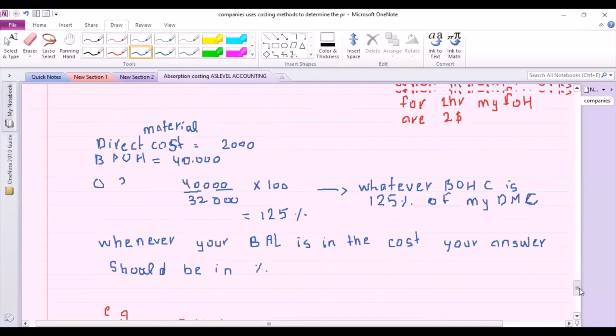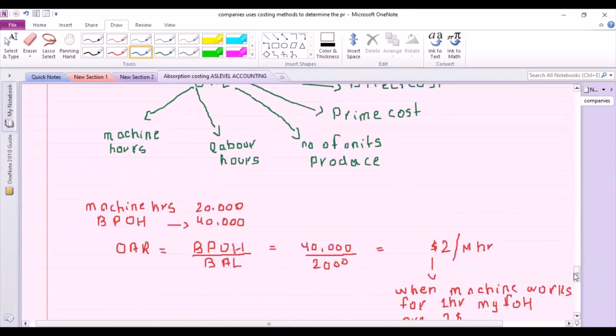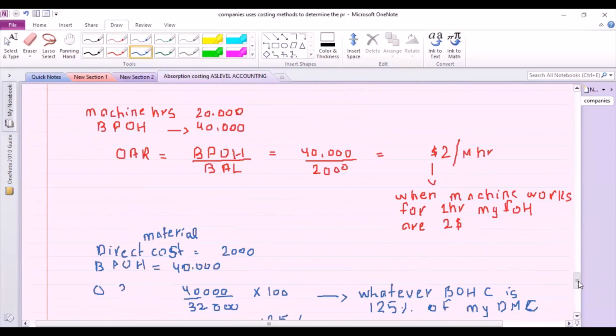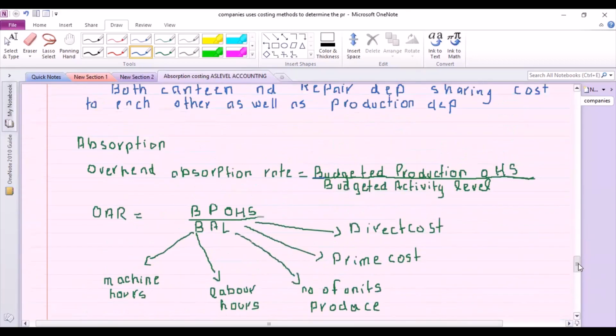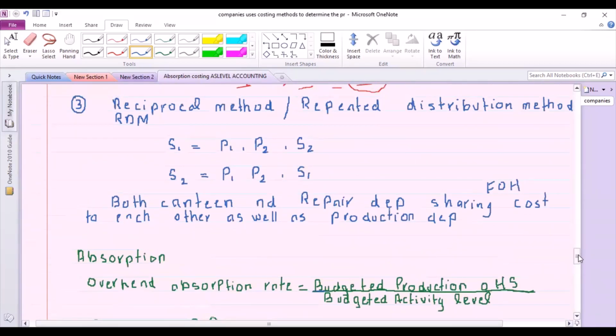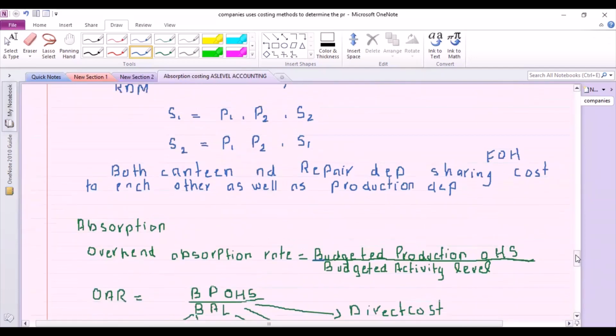After that they just drop their fixed overhead cost to the production department because mainly they are working for the production department. If the production department is not there, it means the service department is also not there. Basically they are constructed in this factory just because of the production department. So that is why it is important to share cost to the production department, because at the end we want to know what our total cost is.